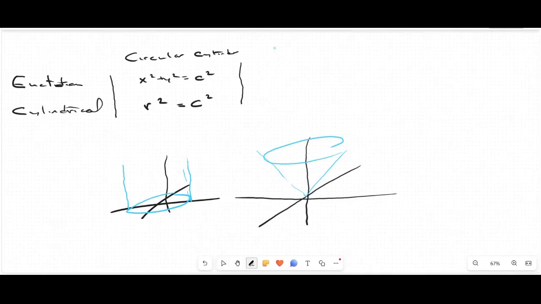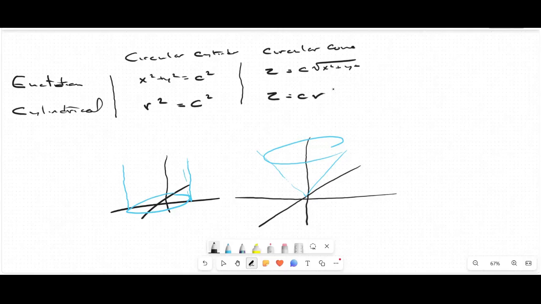Well, Z equals some constant C times the square root of x squared plus y squared. C is the slope of that cone there. Well, Z equals C times R is the same cone expressed in cylindrical coordinates.